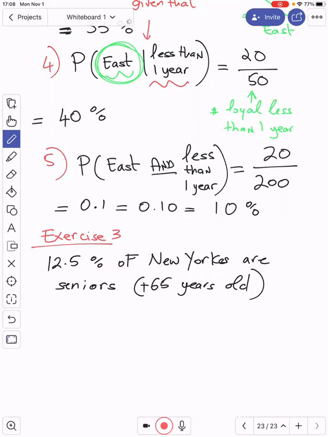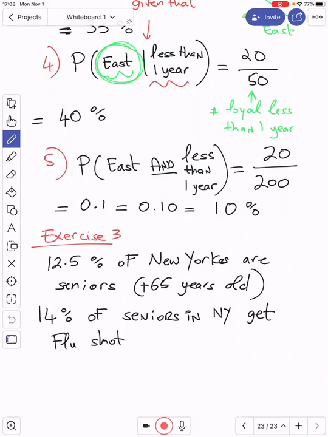All right, and let's say we know that only 14% of seniors in New York get the flu shot each year, right?